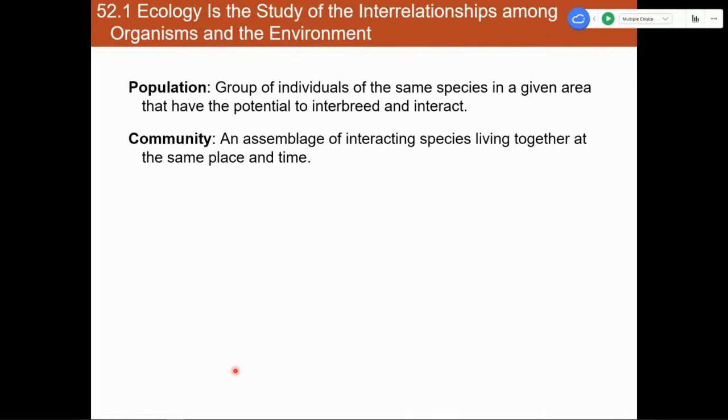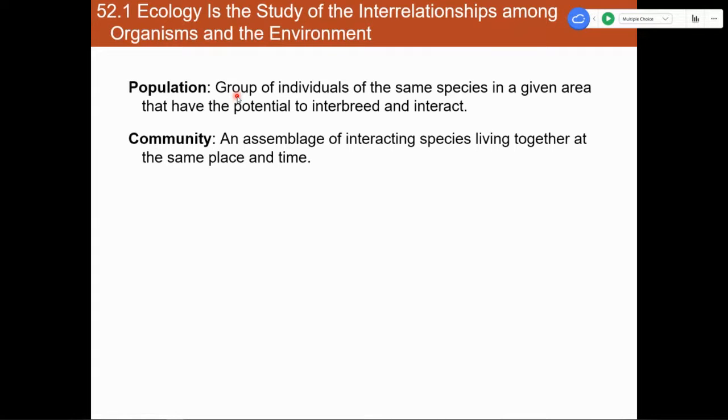In ecology, many of the different concepts relate different scales of the environment and the organisms that live within them. As part of this scaling, one of the concepts is a population. So what is a population? It's a group of individuals of the same species in a given area that have the potential to interbreed and interact with one another.